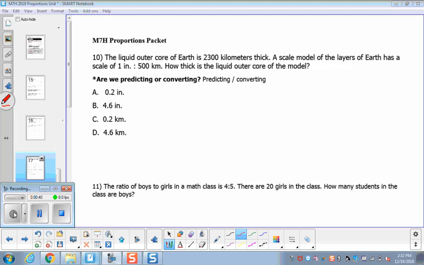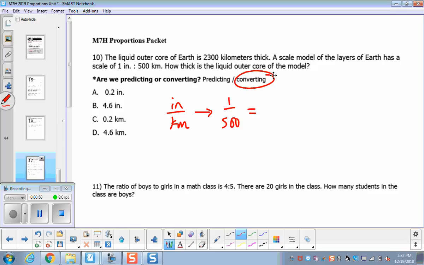All right, so we're basically converting here, y'all, and we're converting inches to kilometers. We've been given that 1 inch represents 500 kilometers, and we're going to use that now to convert. We want to find the number of inches in the model if we know that the actual distance of the outer core is 2,300 kilometers thick.